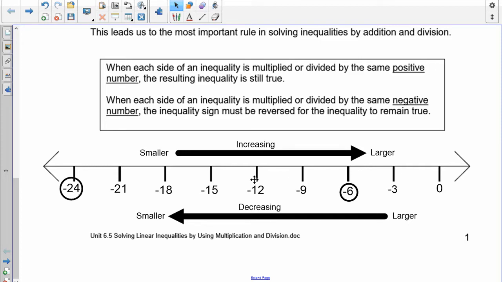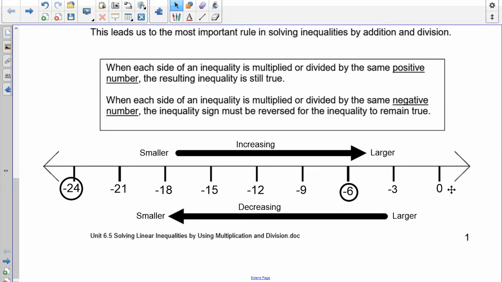As you go this direction, the number's value decreases even though it looks like the number's getting bigger. It's this little negative sign here that messes things up, right? This side is smaller. This side is larger. As you go this way, they increase. As you go this way, they decrease.